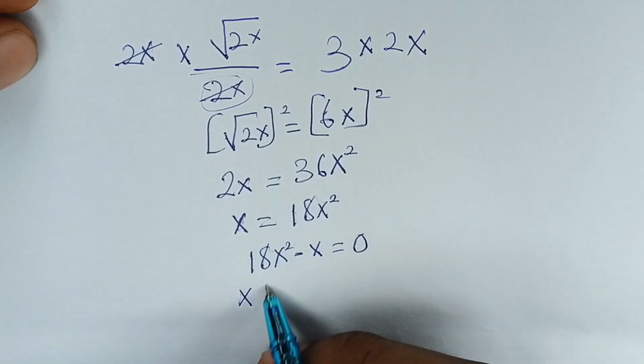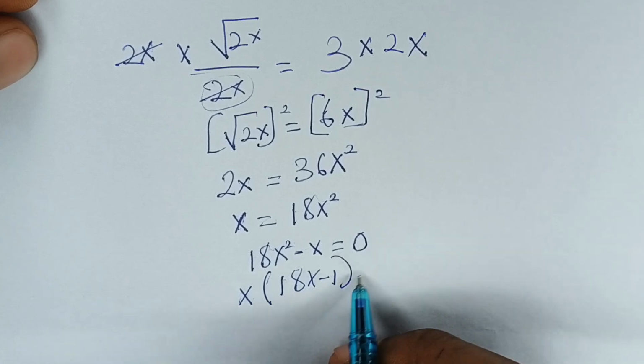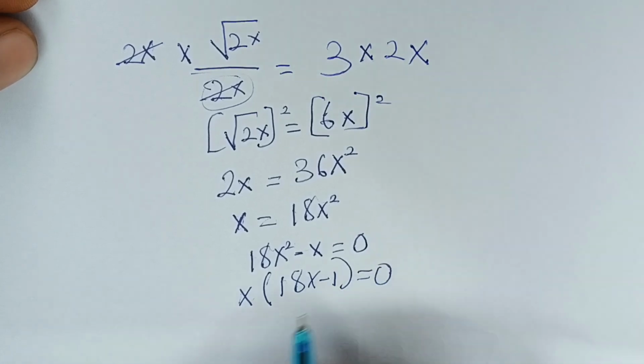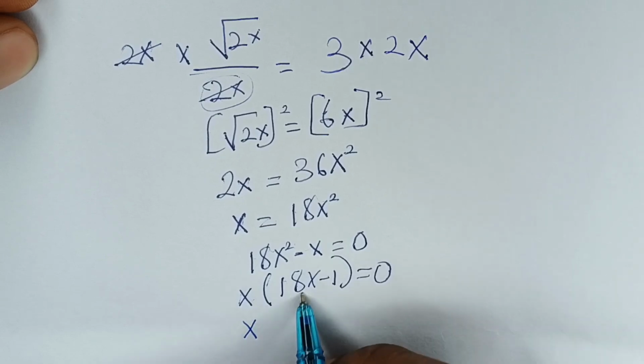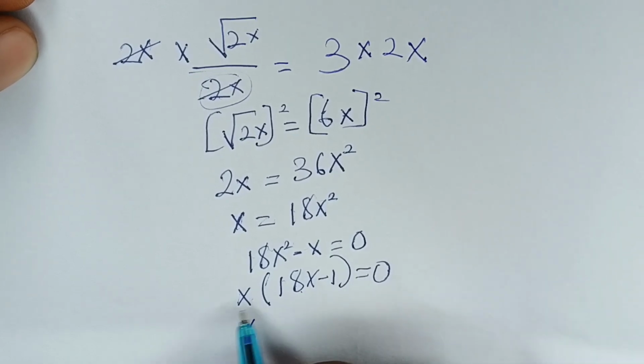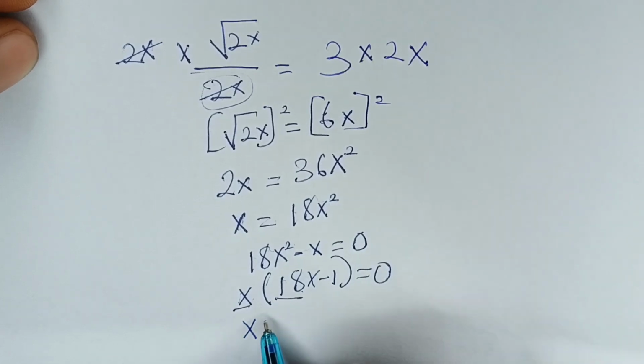So we have x times (18x minus 1) is equal to 0. When the product of two things is equal to 0, it's either the first one is equal to 0 or the second one is equal to 0.